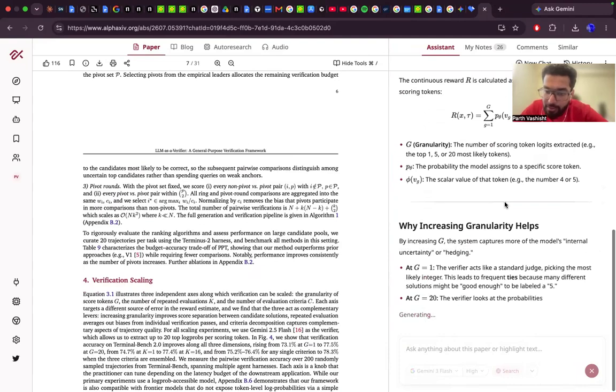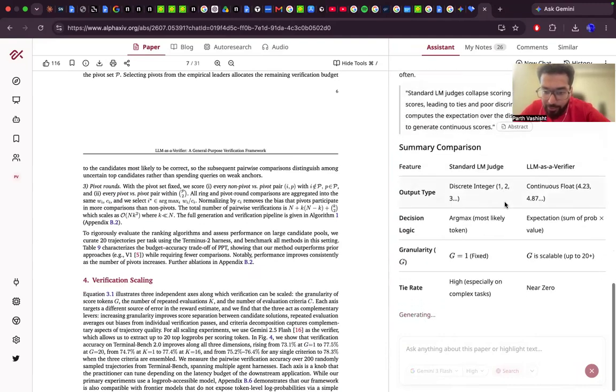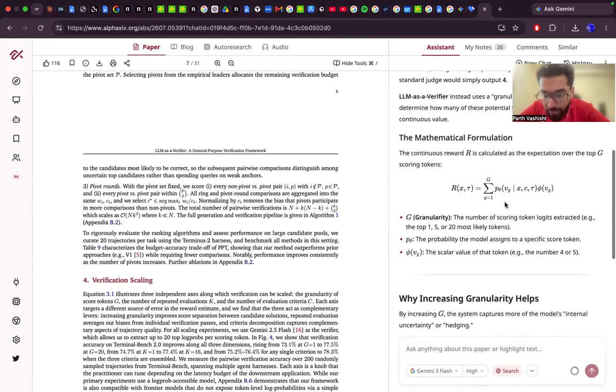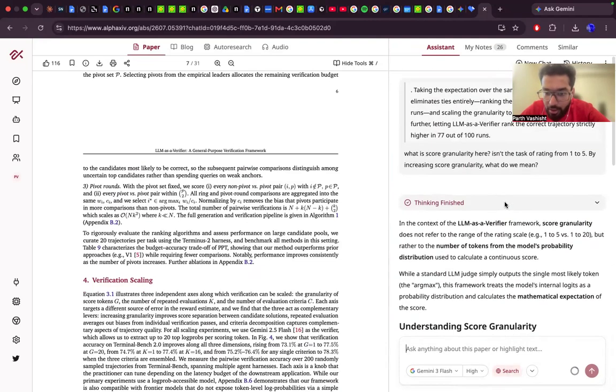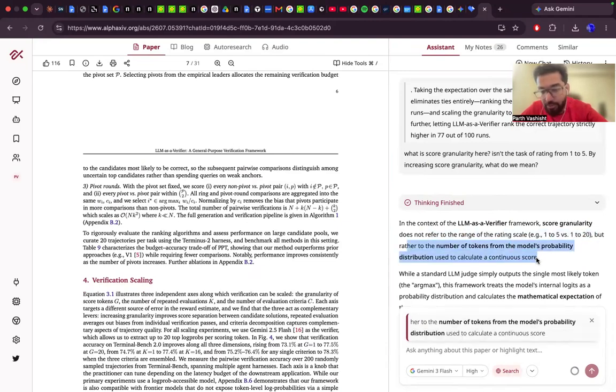In the context of LLM as a verifier, there's a lot of information I need to parse. In the case of LLM as a verifier, the score granularity does not refer to the range. I was incorrect over there, but rather the number of tokens from the model's probability distribution used to calculate a continuous score.